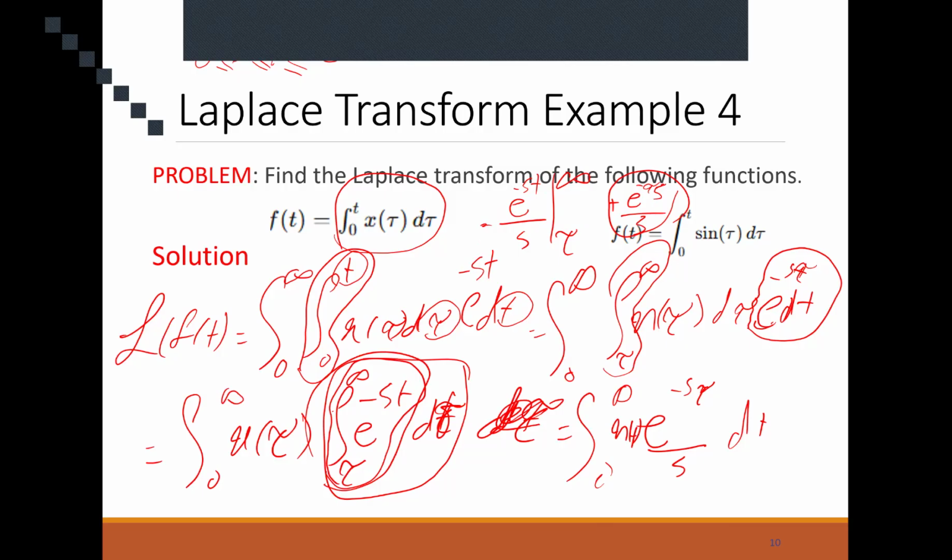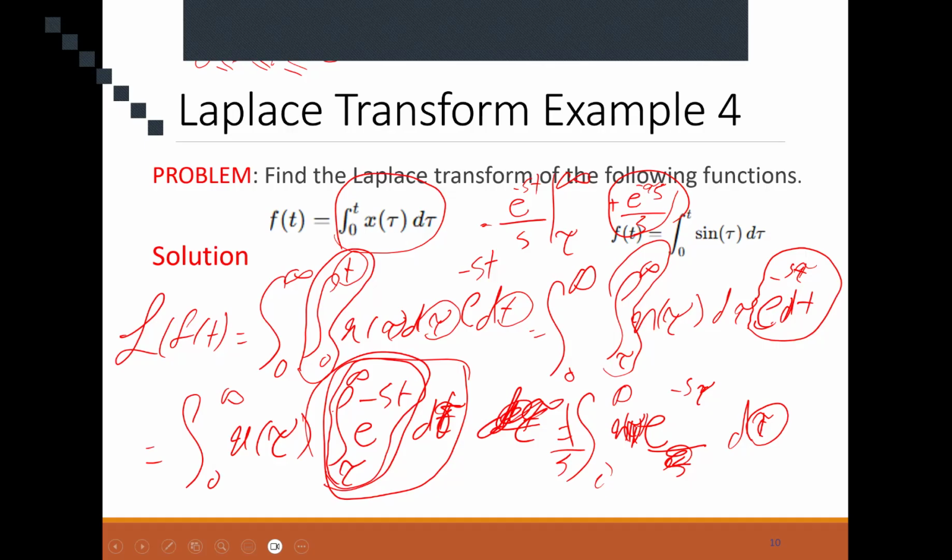Okay. Now we have another Laplace. This s is a constant considering the integral is over t, so you can bring it out. This is the integral of x of tau, e to the power of minus s tau, d tau.